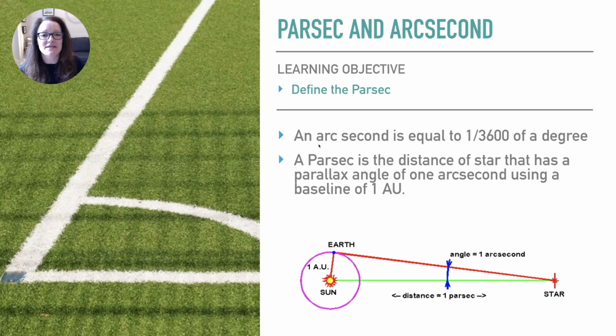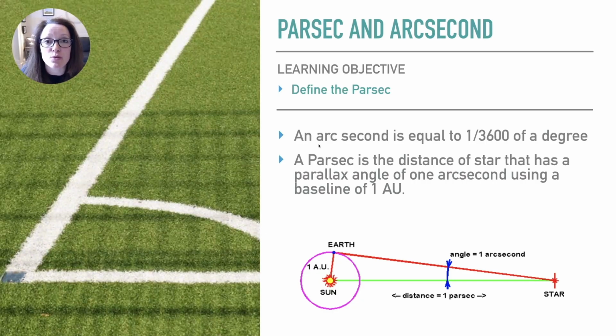So if we go back to the definition of parsec, the parsec is the distance between the star and the Sun of a star that has a parallax angle, this angle subtended here, of 1 arc second, or 1 divided by 3,600th of a degree, using a baseline of 1 AU.